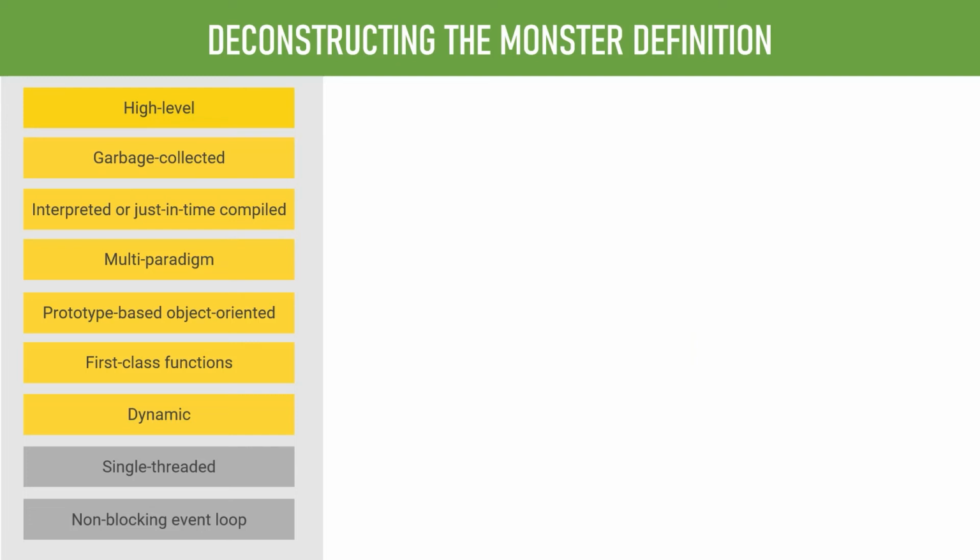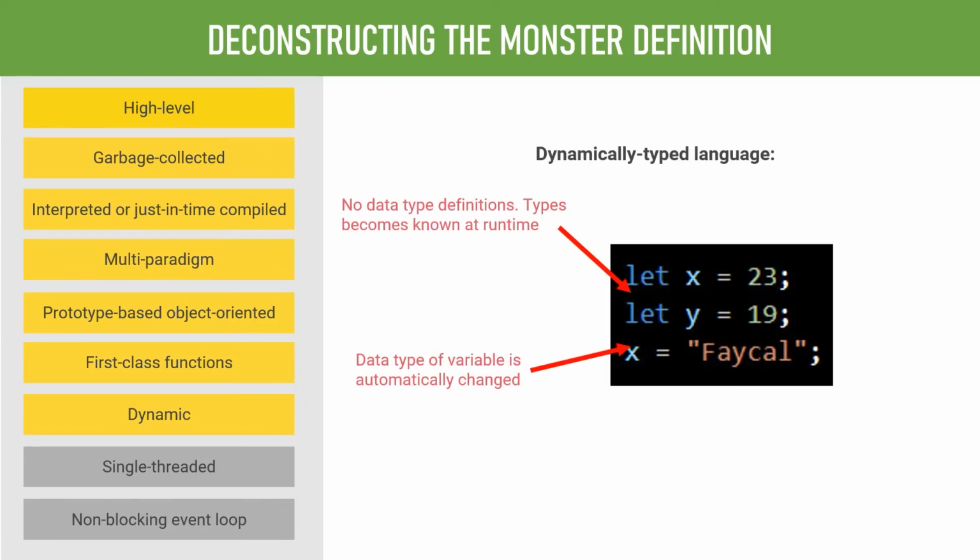Next, I said that JavaScript is a dynamic language, and dynamic actually means dynamically typed. So, as we have already seen in JavaScript, we don't assign data types to variables. Instead, they only become known when the JavaScript engine executes our code. Also, the type of variables can easily be changed as we reassign variables, and this is basically what dynamically typed means.